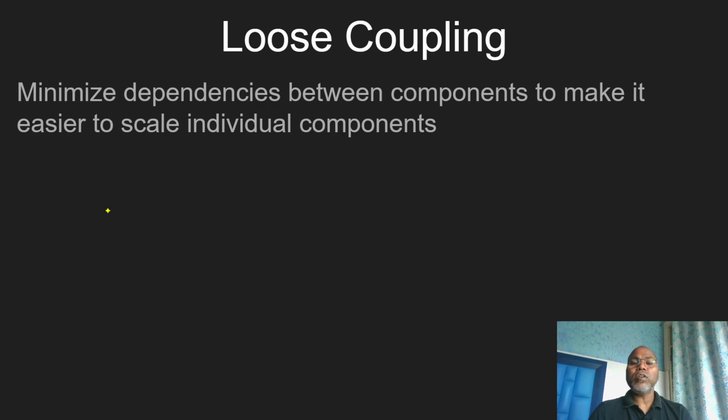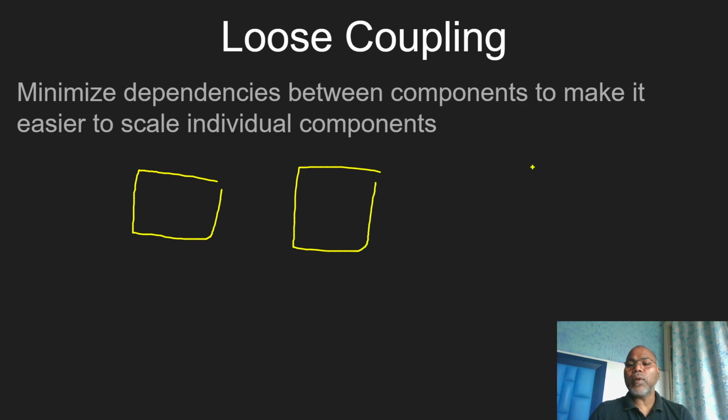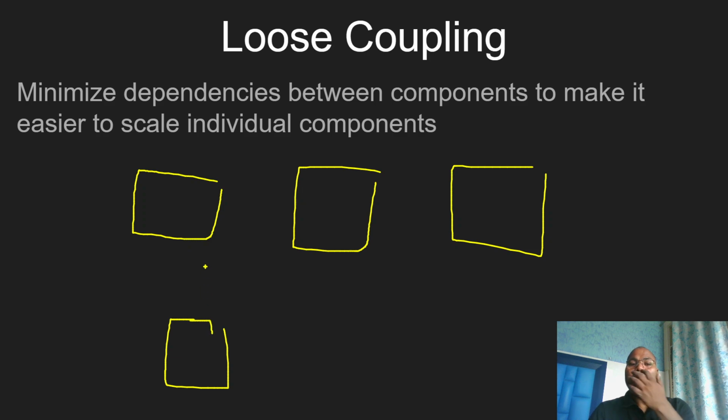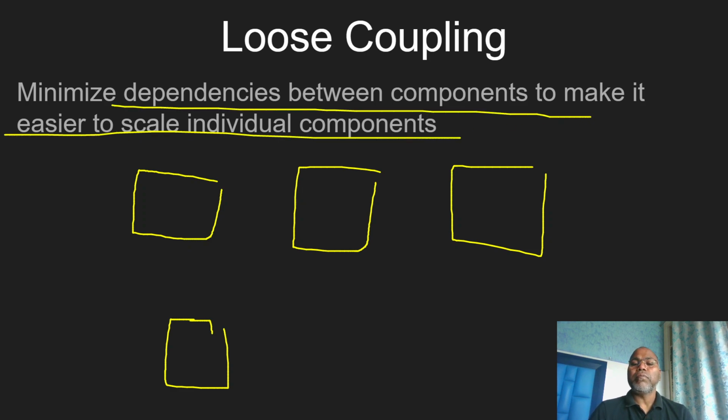Similarly, now that you have broken down your system into multiple small services, that's great. So what kind of dependency exists between them? Avoid too high a dependency and tight coupling between these services.